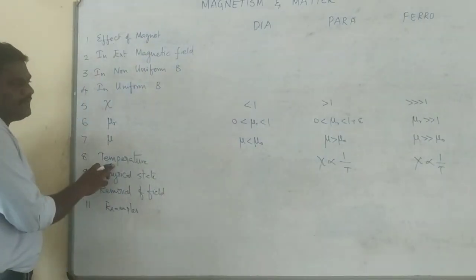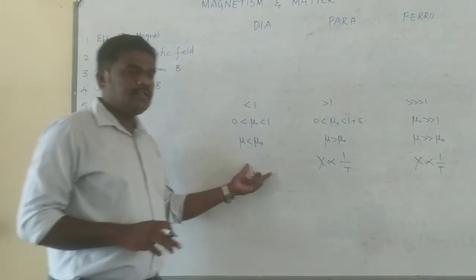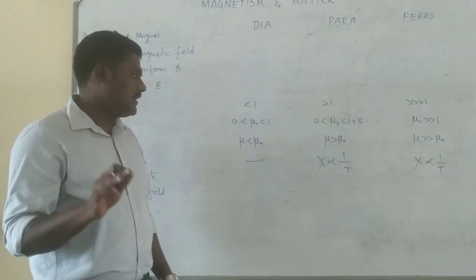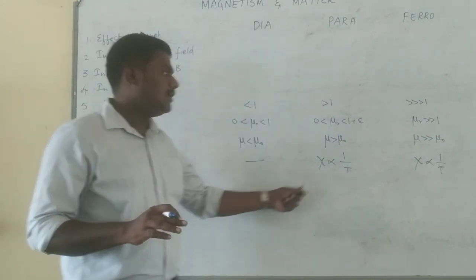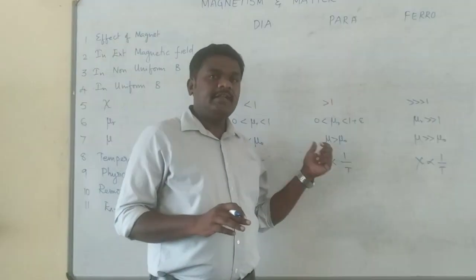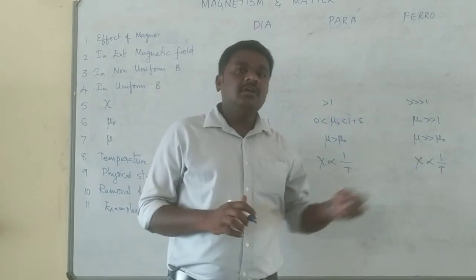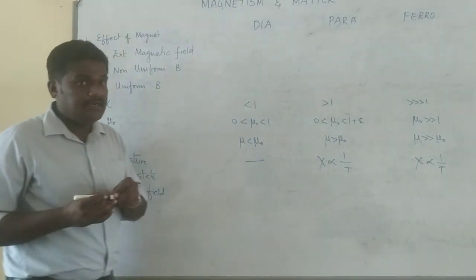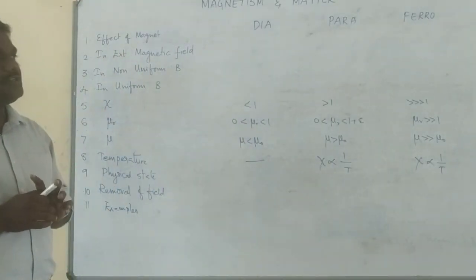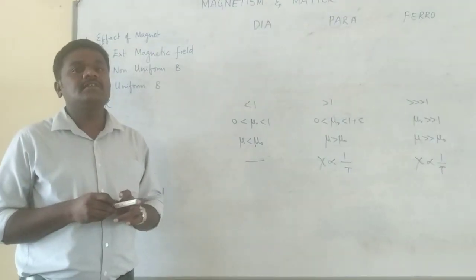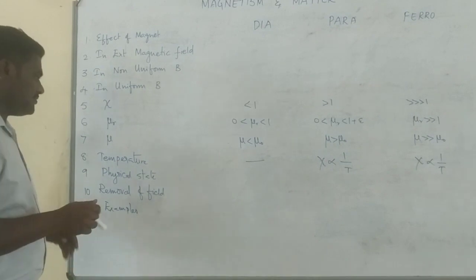So, temperature effect once again: in the case of dia, there is no effect because there is no change in the magnetization or magnetic field, hence it is not taken into account. In the case of para, as temperature increases, magnetic susceptibility decreases. In the case of ferro also, as temperature increases, magnetic susceptibility decreases. But at a particular temperature, ferromagnetic materials convert into para. That temperature is known as Curie's temperature, which I will discuss in the next sessions.